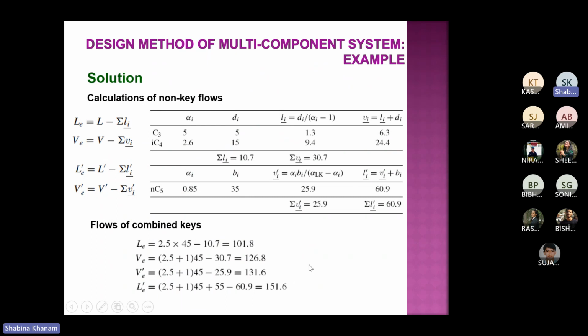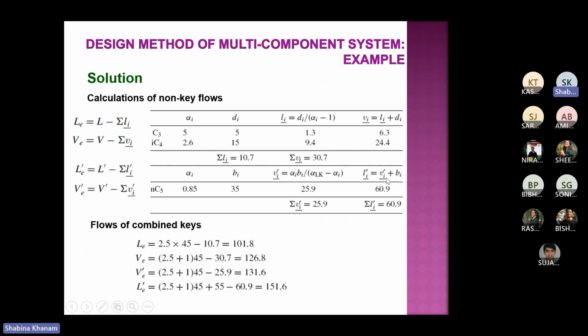V e should be L plus D. That you can consider like this. V e should be this because the feed is at boiling point, and L e prime that I'm considering should be V e plus B. We already made the balance.